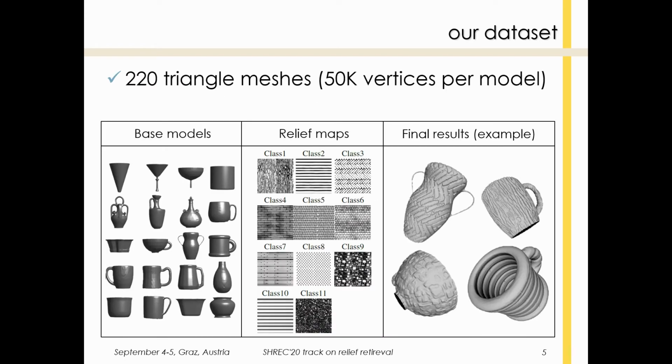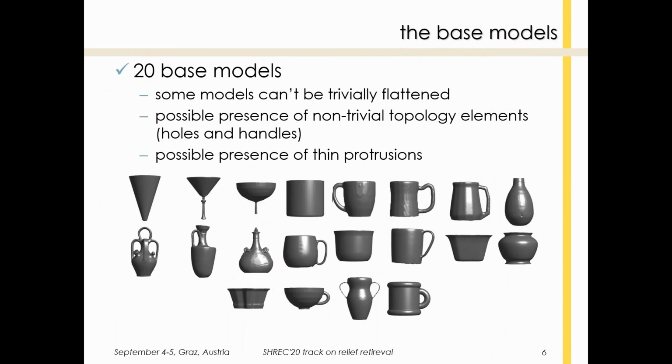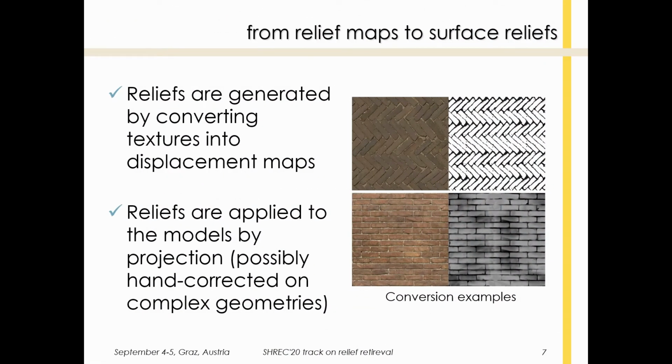We created a new dataset of models characterized by reliefs. In particular, our dataset has 220 models characterized by one of 11 different reliefs. For the dataset creation, we started from 20 base models. These models in particular can be trivially flattened and they have a non-trivial topology. Relief classes are generated starting from freely available textures that you can find on the internet that are converted into binary or non-binary height maps.